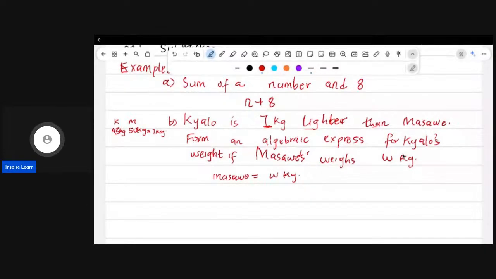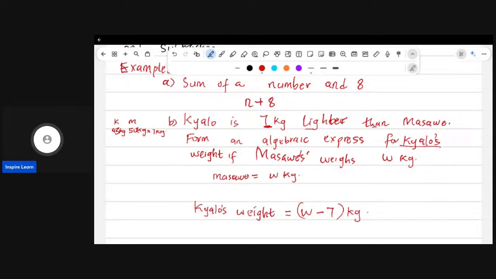So Kilo's weight is going to be W, which is Masawe's weight, minus 7. And remember, these are kg. So that is how we are going to determine the weight of Kilo.